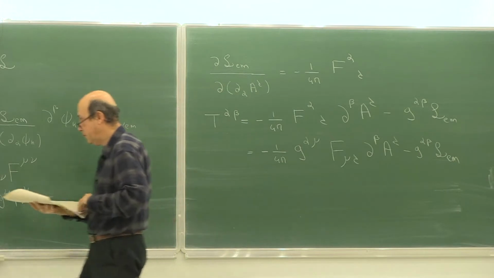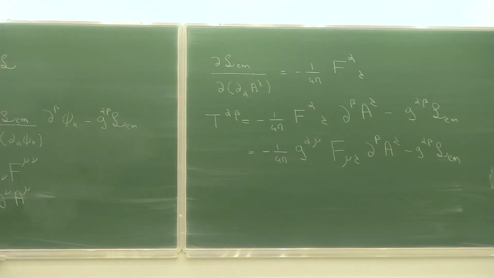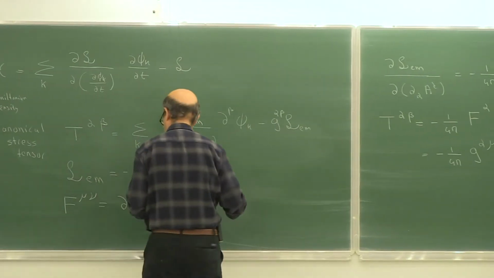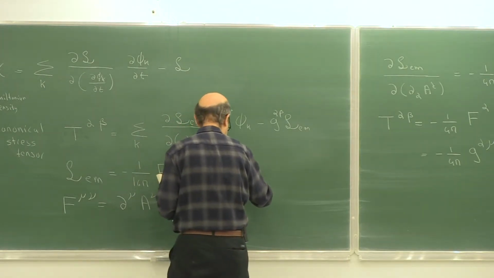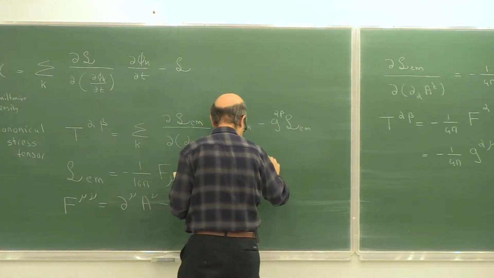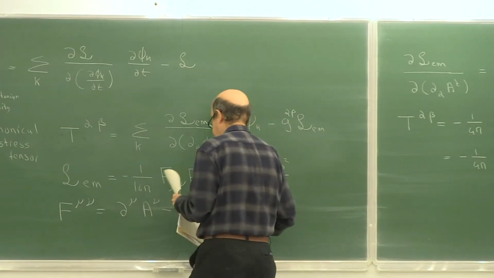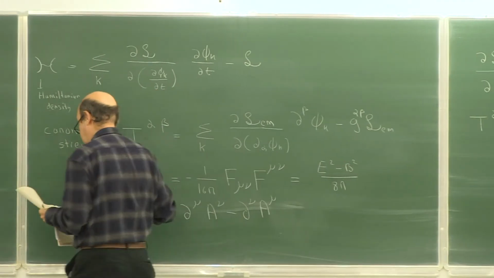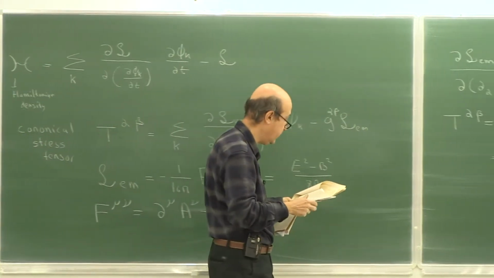If you calculate, the values are the following. First of all, the Lagrangian density of the electromagnetic field is E squared minus B squared over 8 pi. That is a Lorentz scalar invariant, it doesn't change.